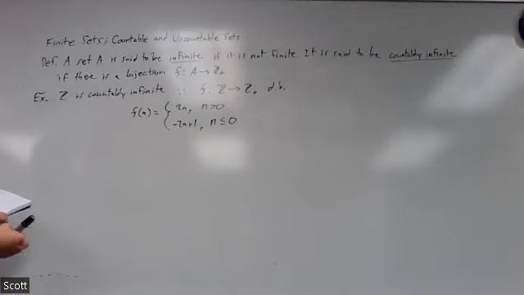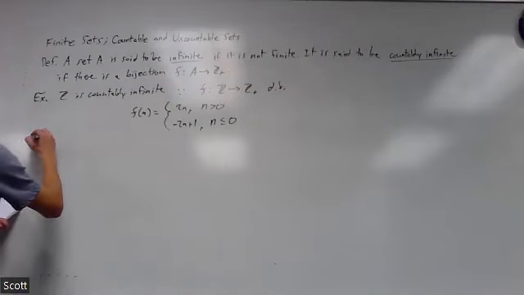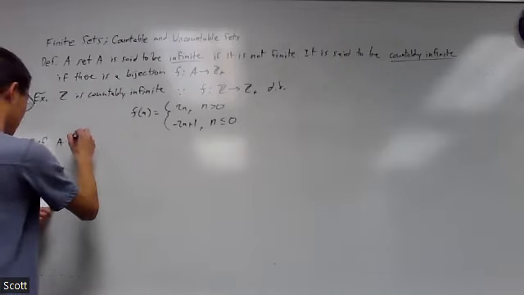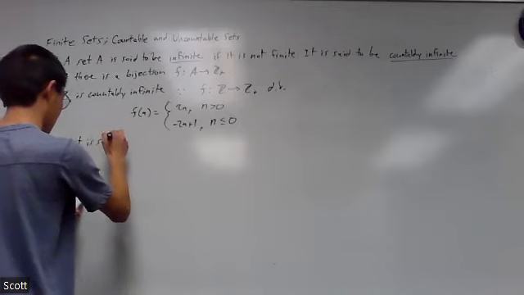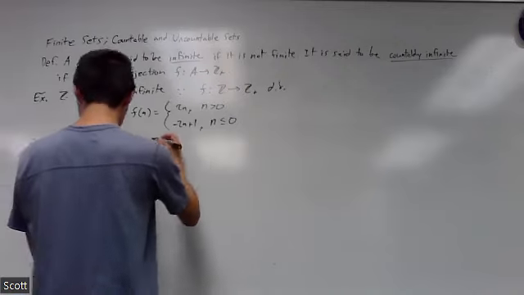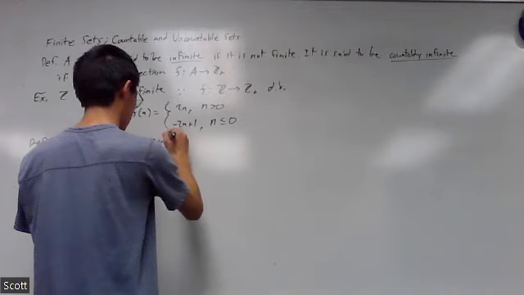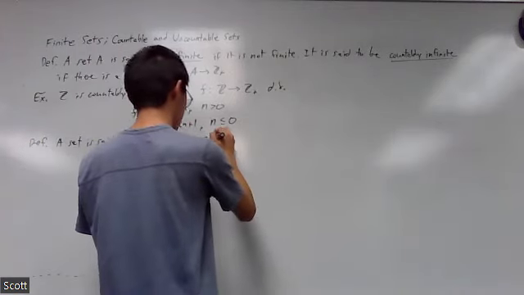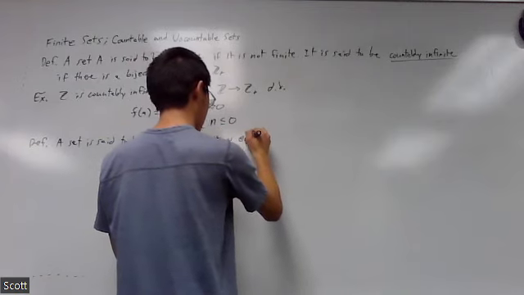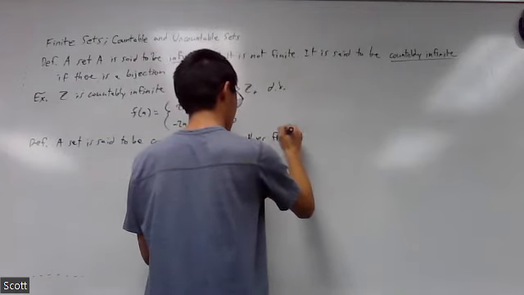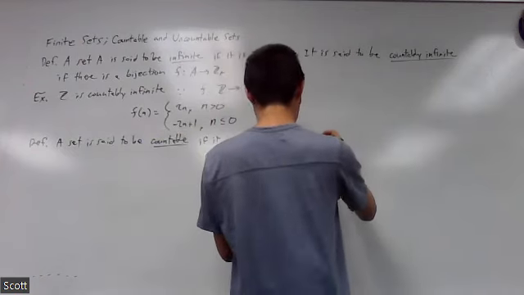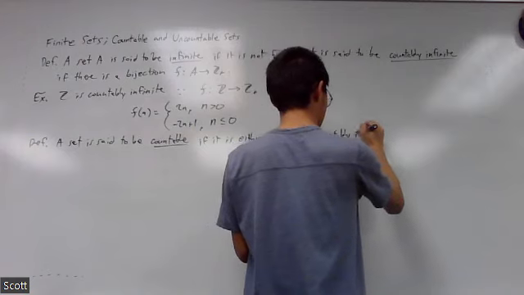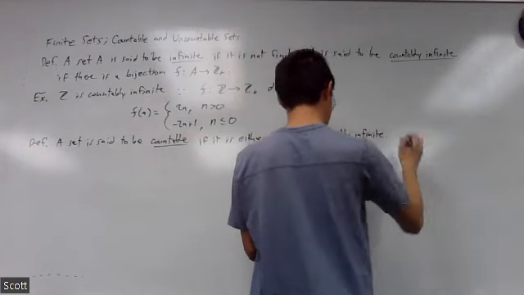Okay. So then we define a set to be countable if it is either finite or countably infinite. That's pretty straightforward.